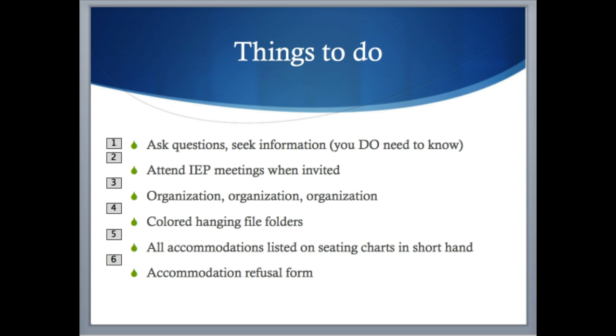If they do share the full IEP with you, again, those need to go in a place where they're not going to get lost. So I recommend having a file in a filing cabinet, and I recommend having separate colors for your IEPs and your 504s so that you can find them quickly.